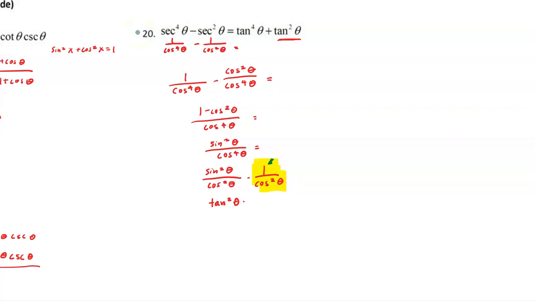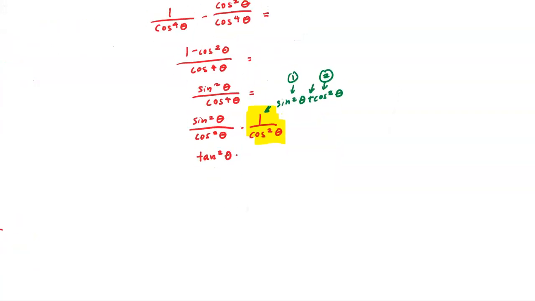That could be transformed into a sine squared theta plus a cosine squared theta. That'll give me the addition that I need, and it'll turn it into two terms. So I can go ahead and do that: sine squared theta plus cosine squared theta over cosine squared theta.